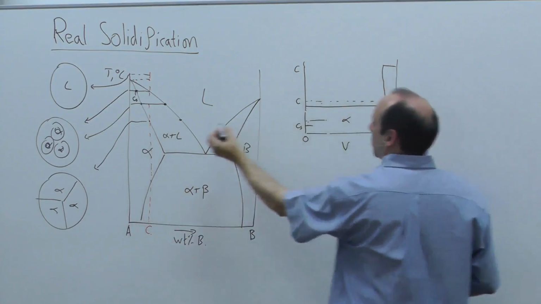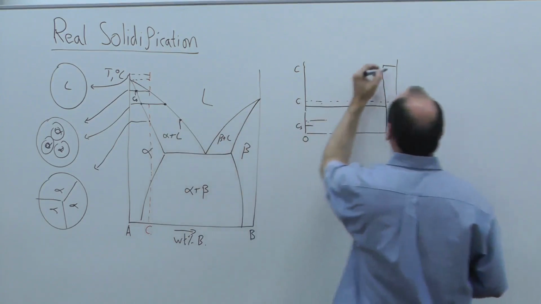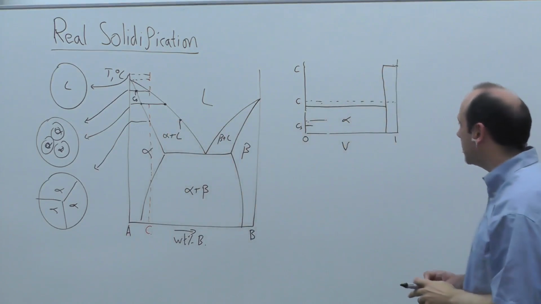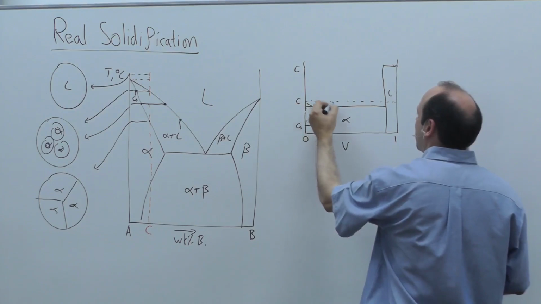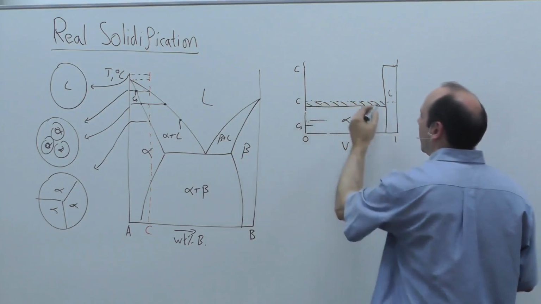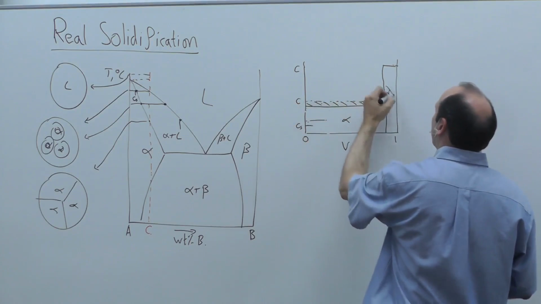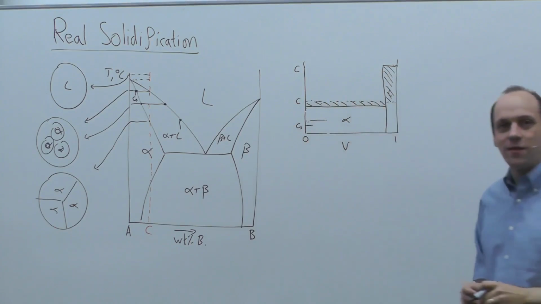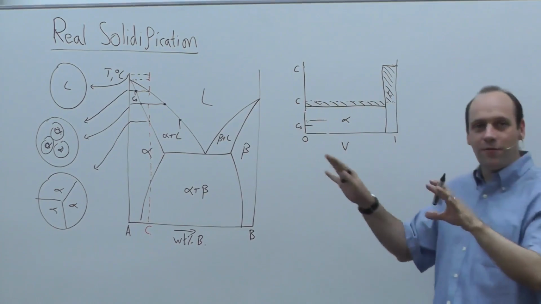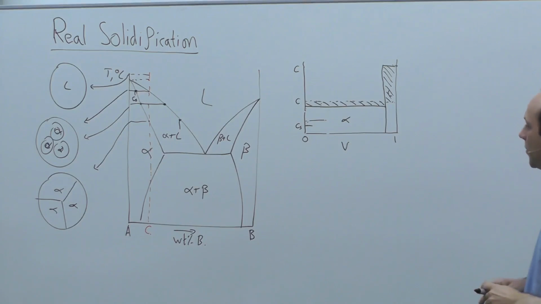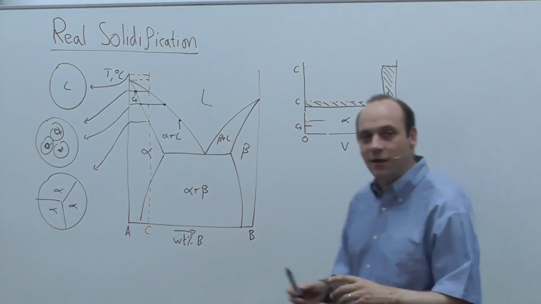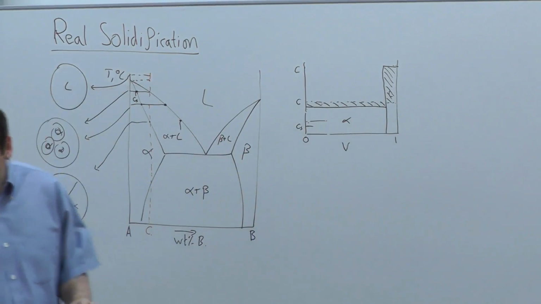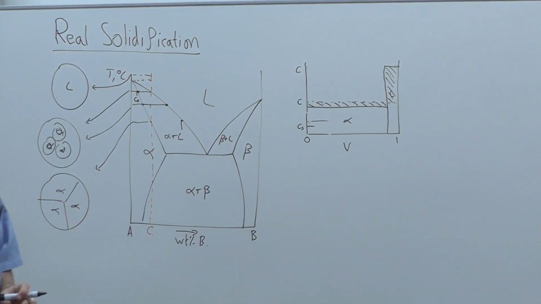So that composition there would be this composition here. And so that's the liquid. And again, a balance would apply such that this bit of solid that's missing here times the volume fraction would be equal to this bit of extra composition there, just from a balance, a conservation of B atoms. So that's the situation for solidification when we're going very slowly.